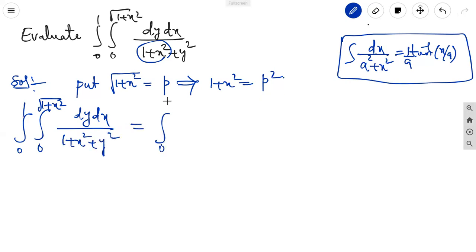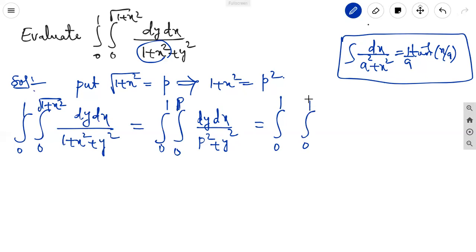Substituting, integral from 0 to 1, integral from 0 to p, dy dx by p square plus y square. Here it is equal to integral from 0 to 1, integral from 0 to p, dy by p square plus y square, whole dx.